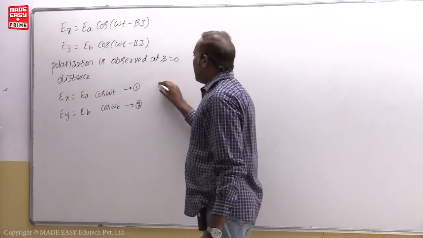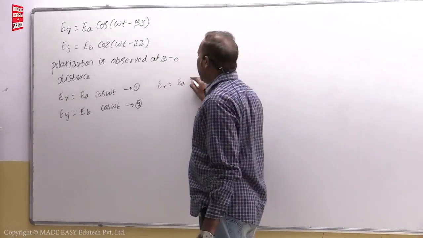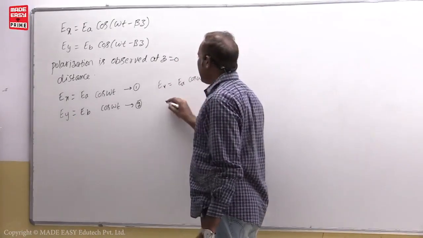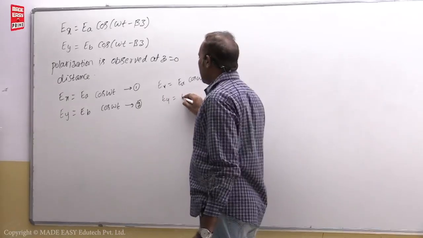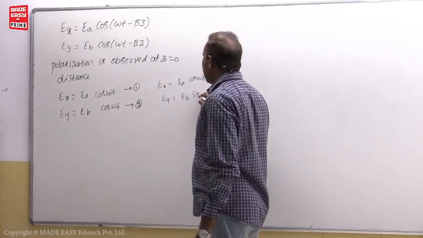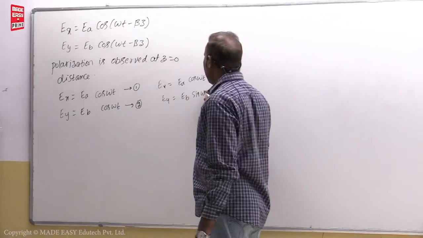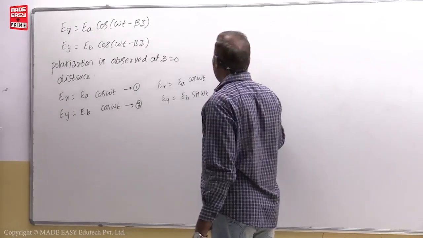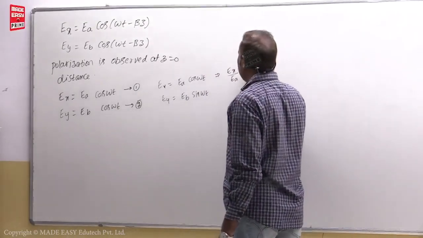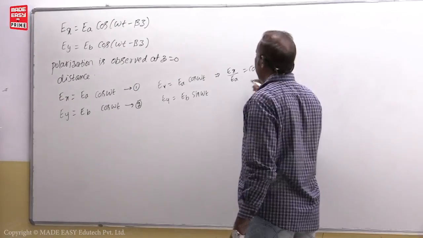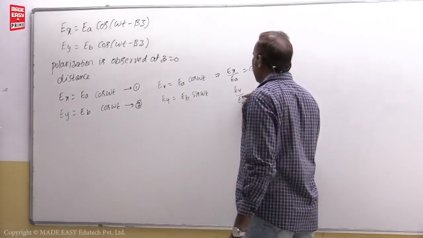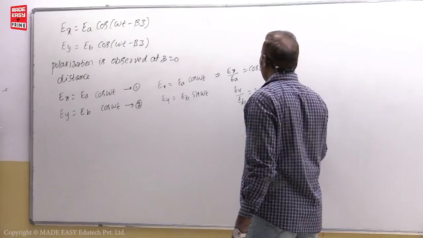For example, Ex is equal to Ea cos omega t, and Ey is equal to Eb sin omega t. I will write Ex by Ea is equal to cos omega t, and Ey by Eb is equal to sin omega t.